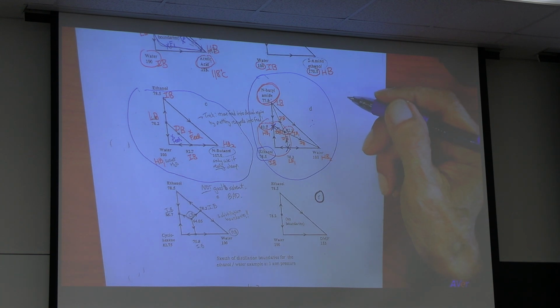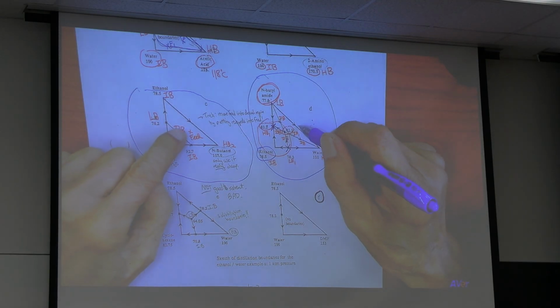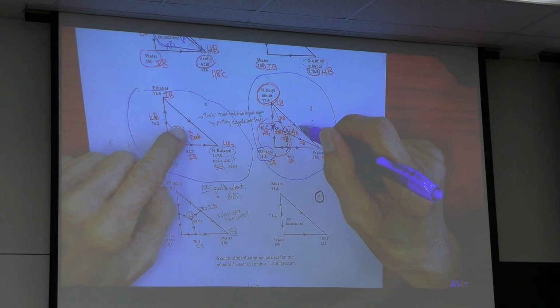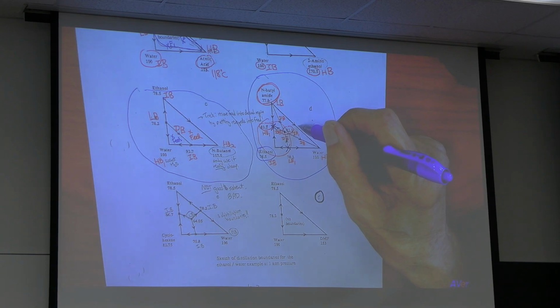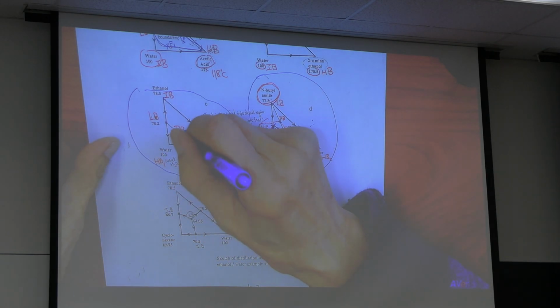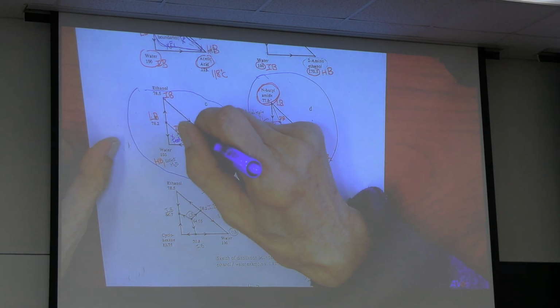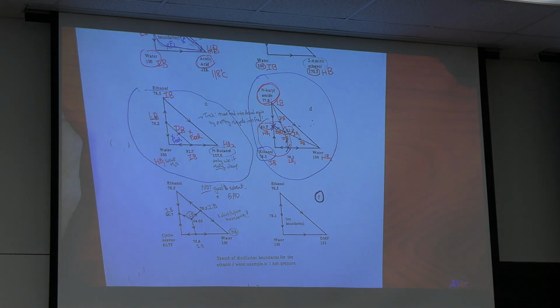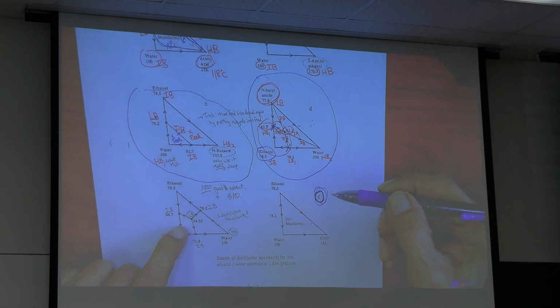Do you understand the method to find a feasible solvent? Once you find it, we're going to learn in the next hour how to cross the distillation boundary to do real design. Now, I do not need to continue this, right? This is feasible. This is no good, right?